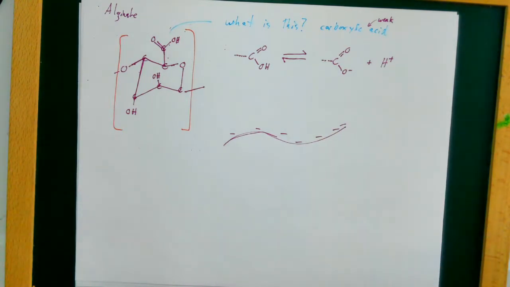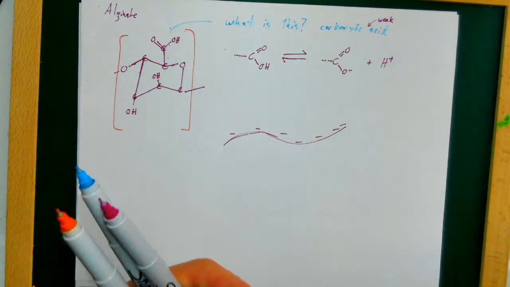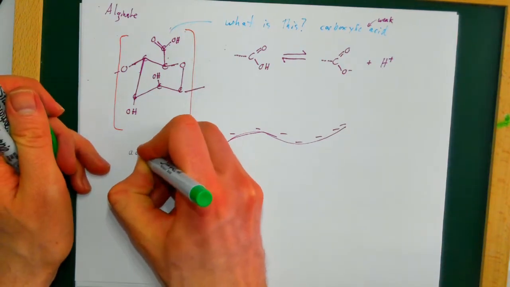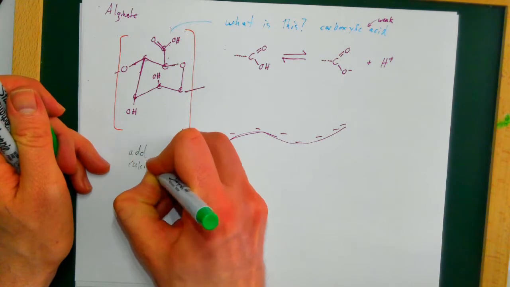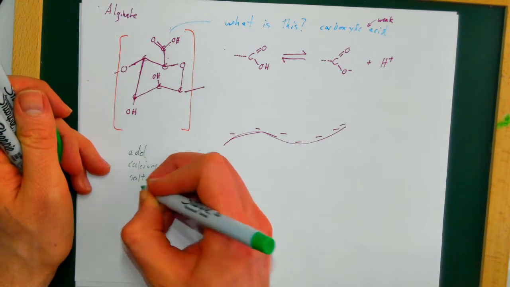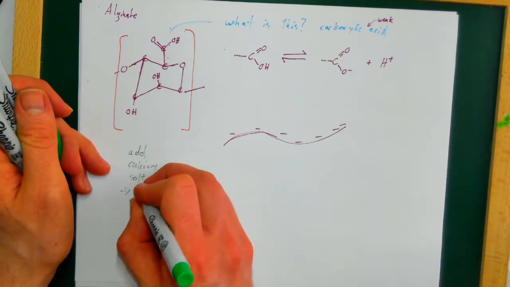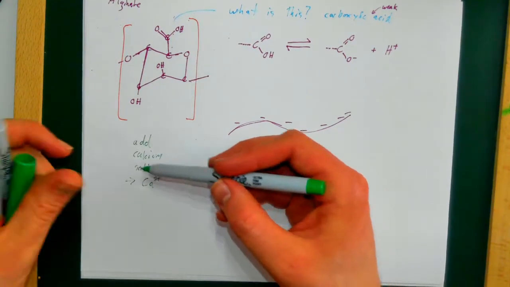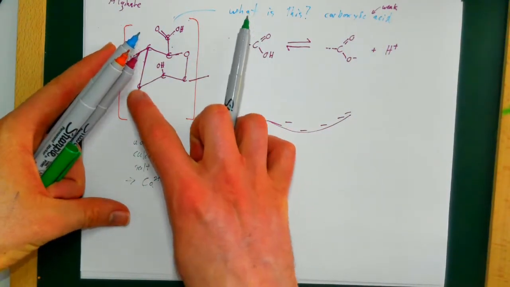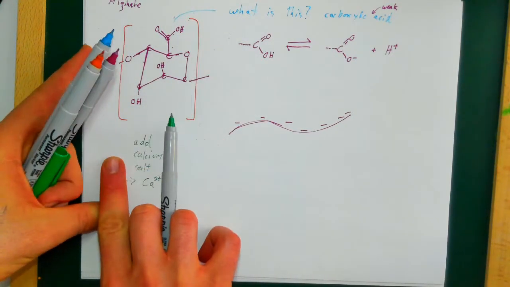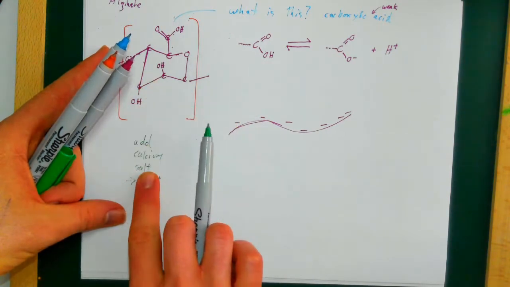And if you can imagine, if I add to this solution some calcium salt, then I'm going to basically be putting some calcium 2+ into the solution. If you picture your periodic table, calcium is in the second column, and things in the first column tend to form +1, things in the second column tend to form a +2.